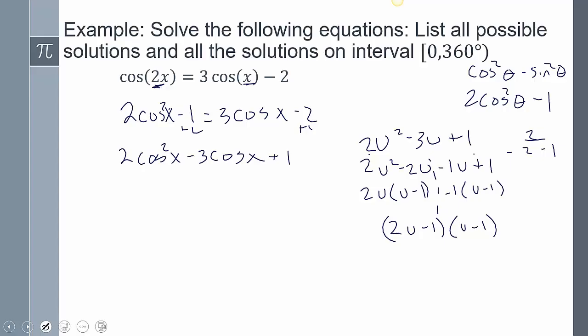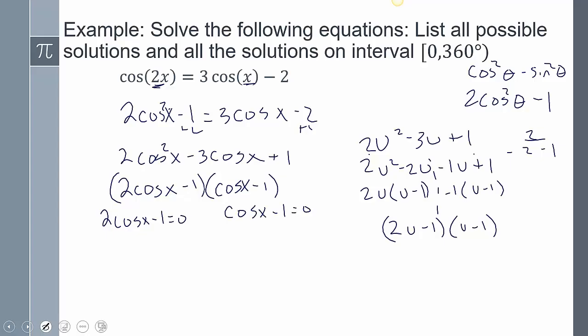So plugging that stuff back in, you get 2 cosine of x minus 1, and then cosine of x minus 1. So now setting each of these equal to 0. Add 1, divide by 2.